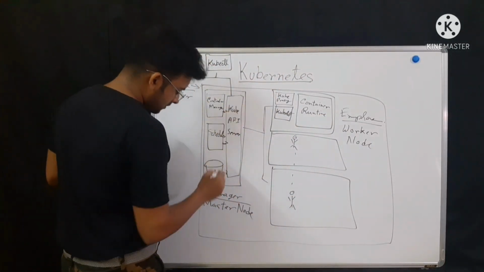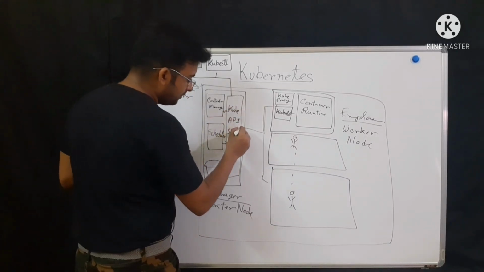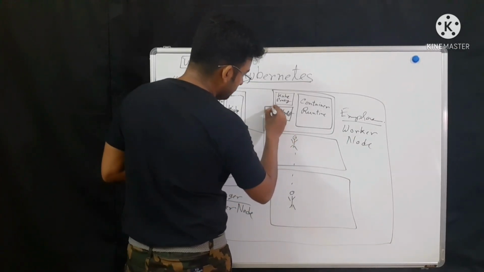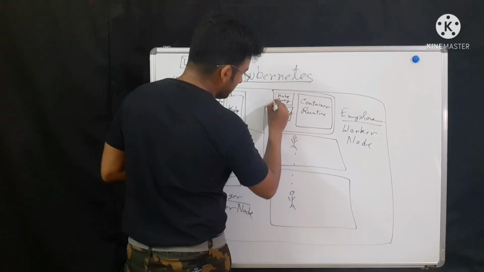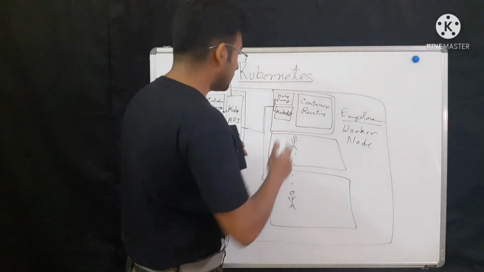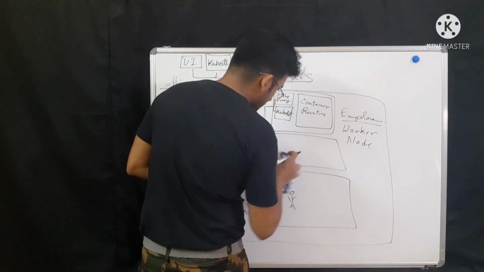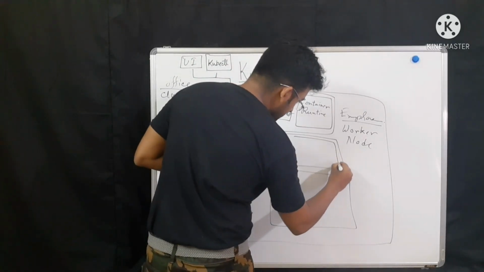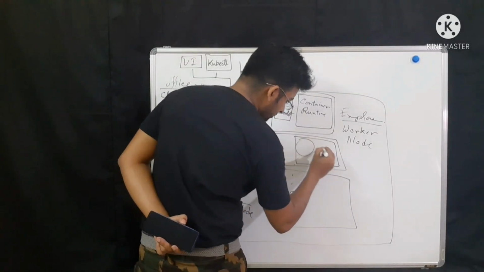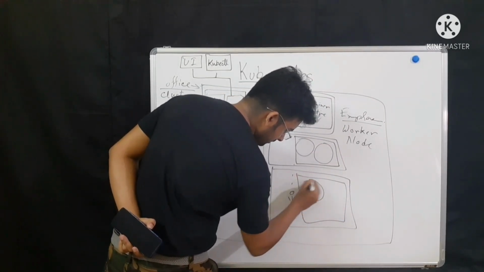From the master node, the Kube API server is the communication point for a worker node, and in the worker node it communicates with kube proxy and kubelet. In the container runtime section, say this is the container runtime section, there we have some pods, and here also some pods are there.